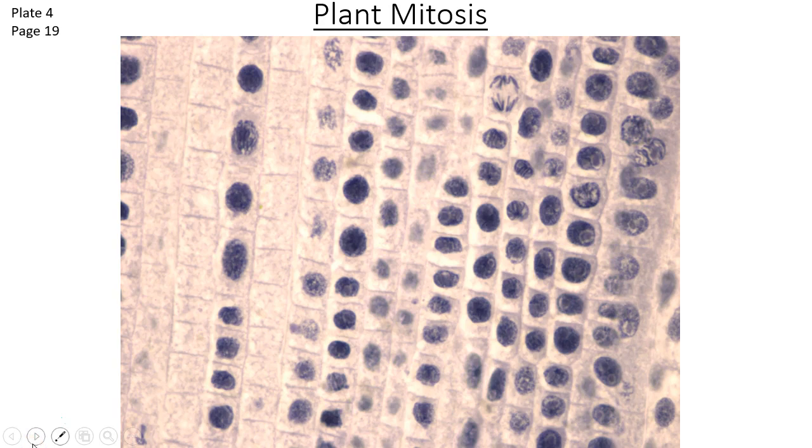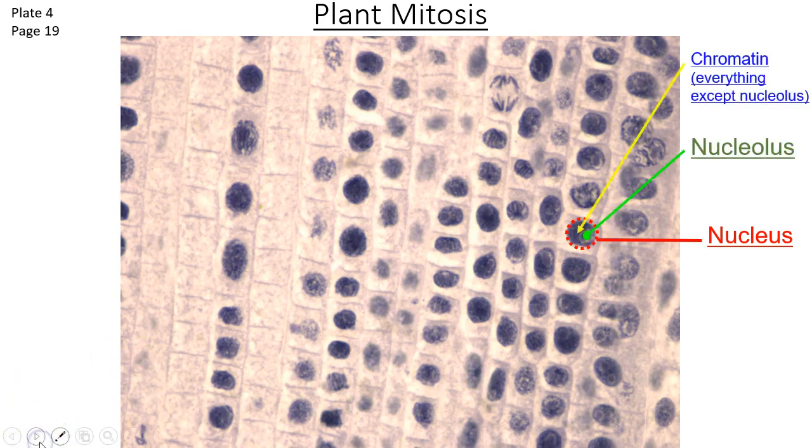And here are just some examples. The nucleus right here and the nucleolus on the inside. And then chromatin is everything except the nucleolus. Again, we would be right here, probably interphase.